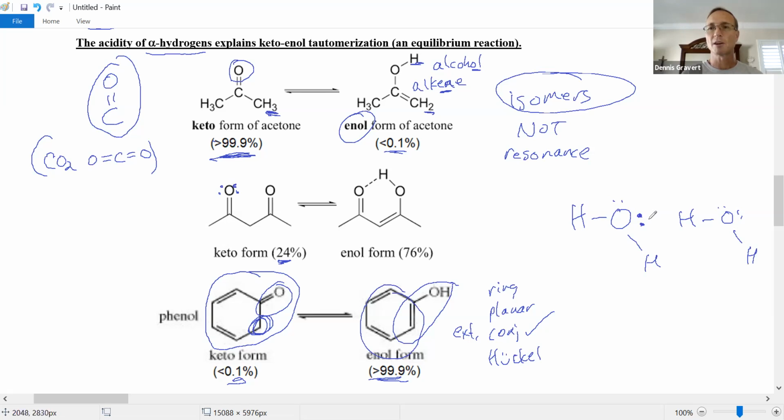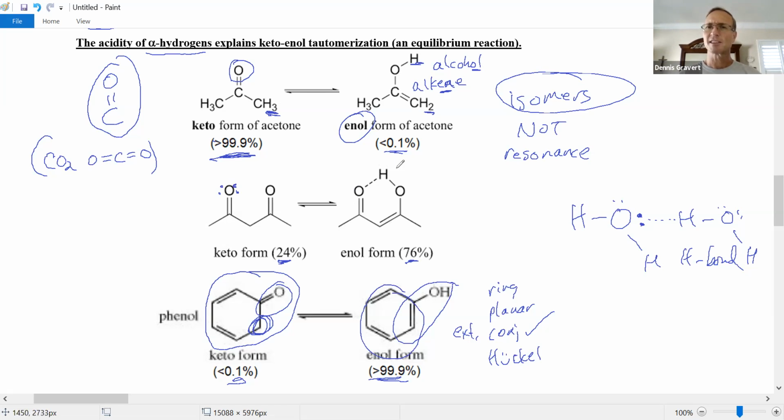The lone pair of one water molecule can stick to the hydrogen of the next water molecule. That's a hydrogen bond. We get an internal hydrogen bond. Lone pair on the ketone gets hydrogen bond to the enol of the other functional group. So there's an internal hydrogen bond, more bonds, more stable. That's driving this up from 0.1% to higher.